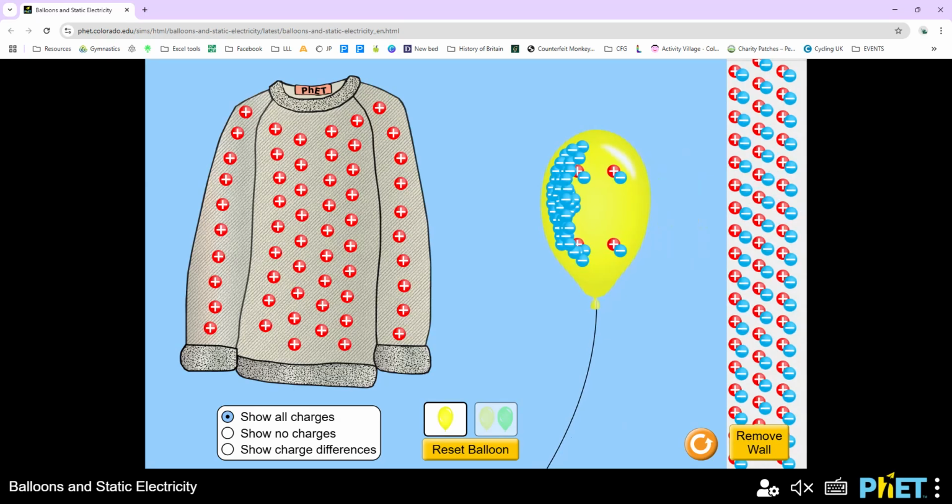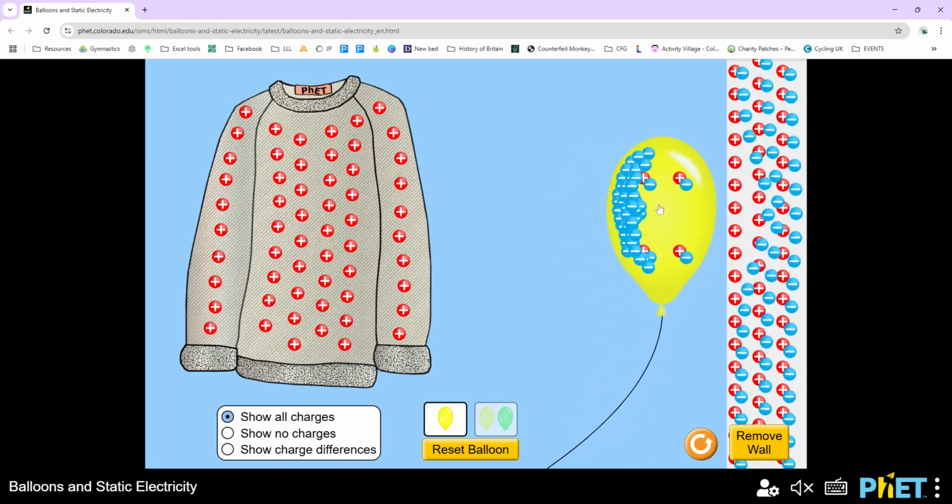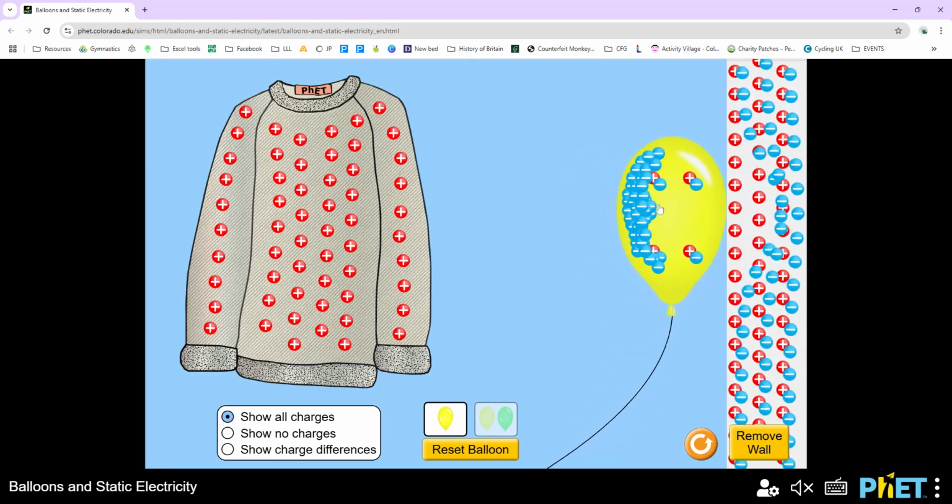So the electrons are free to move, but the positive charges are not. So as we bring the balloon closer, the negative charges are repelled deeper into the wall, leaving a positively charged surface. And it is that surface that the balloon is attracted to. So here we have a charged object being attracted to another charged object. And this forms the basis of our understanding of capacitance.